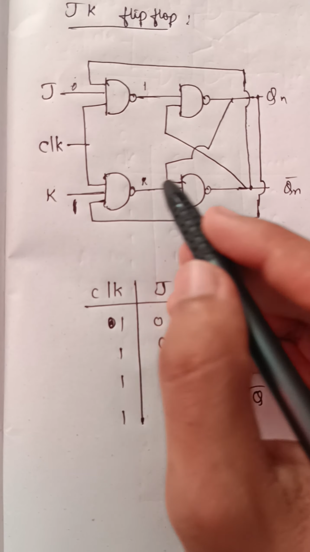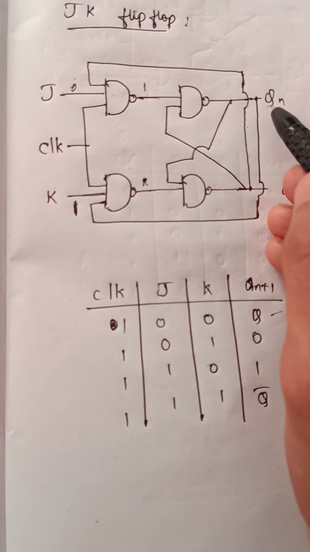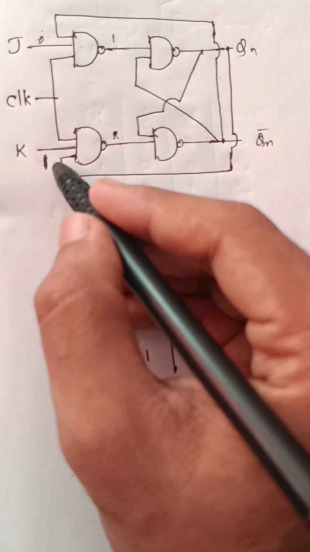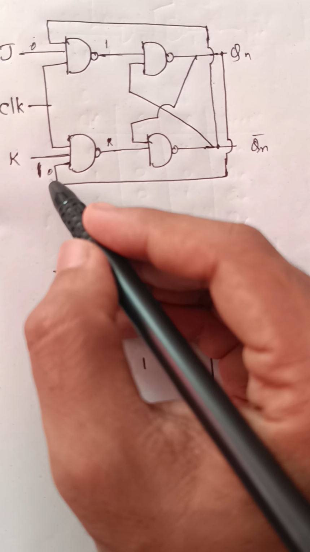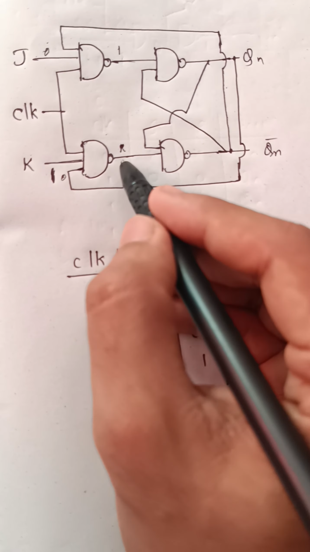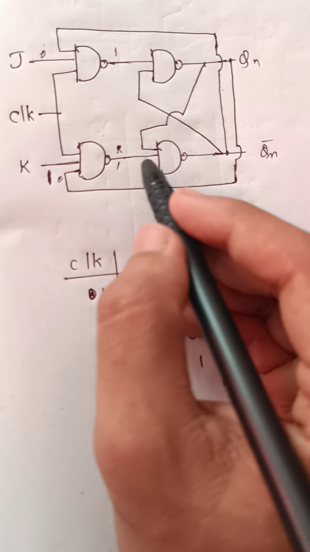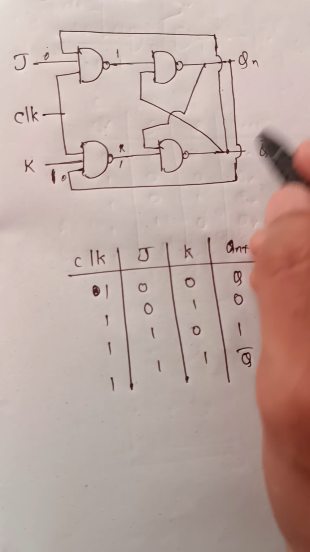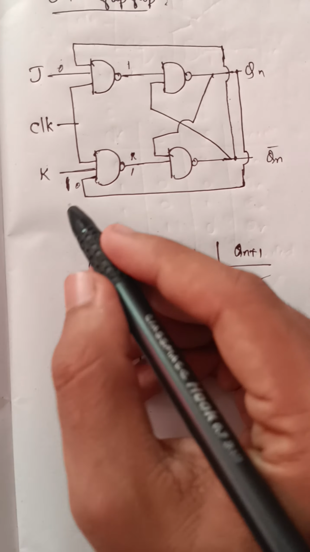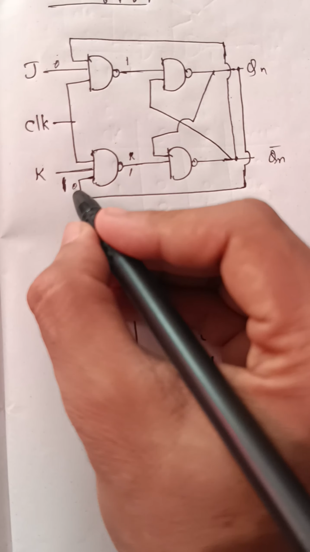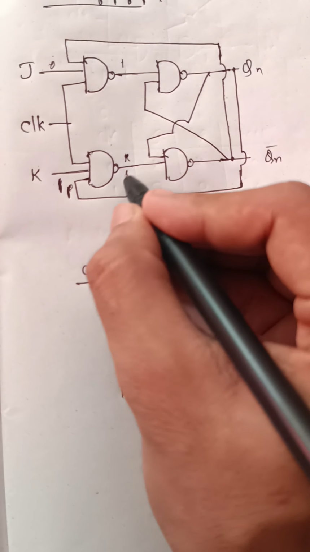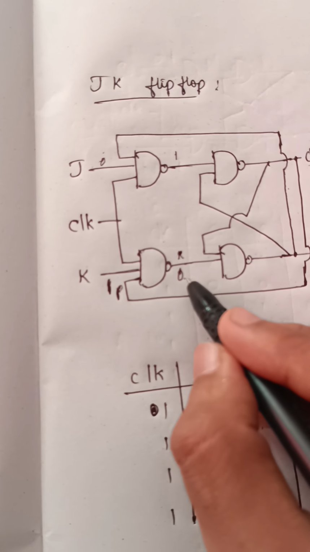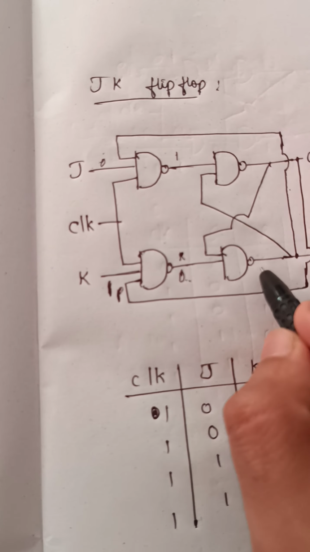Here it will take the input Qn. If Qn is 0, then it will give 1, and then the SR latch will happen. If Qn is 1 here, then it will give 0. Then at the next NAND gate, if a single 0 is present, then it will give 1.